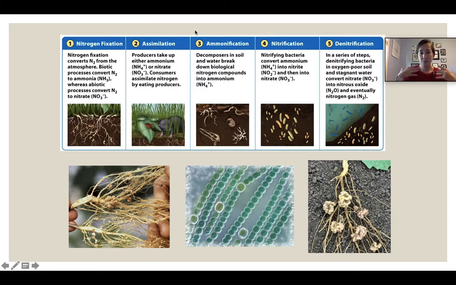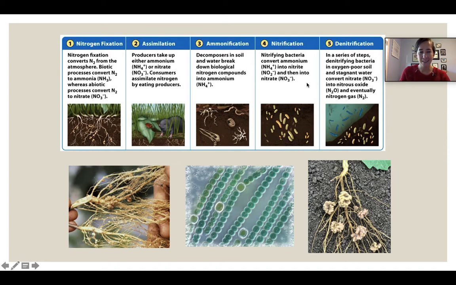So after it's been assimilated, after we've lived a nice long life, then we die. And so decomposers can take all of that biological nitrogen that's encapsulated in all of your tissues and break it down in ammonification. Ammonification is when those are broken down and turned back into ammonium. All right, that ammonium, again, can be nitrified. So we can take this and nitrify it.